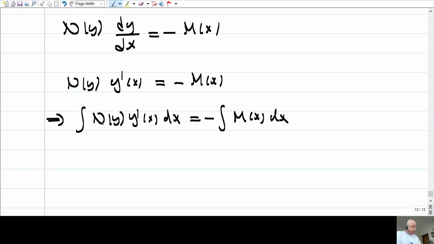Well, if I have an antiderivative for the function n(y) and an antiderivative for the function m(x), then I will be done.